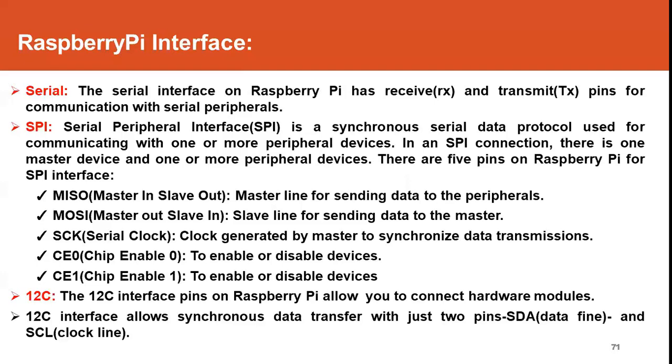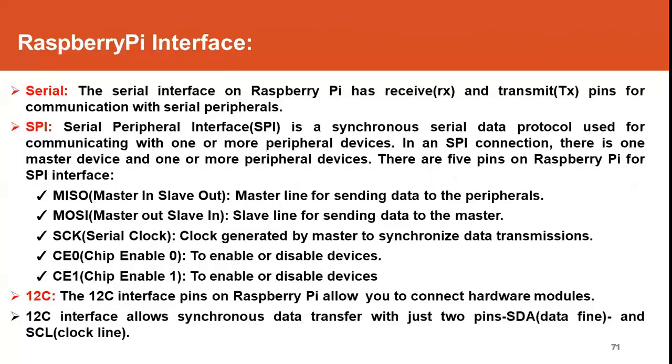Then I2C. The I2C interface pins on the Raspberry Pi allow us to connect to hardware modules. The I2C interface allows synchronous data transfer with just two pins. The two pins include SDA and SCL, that is the data line and the clock line.